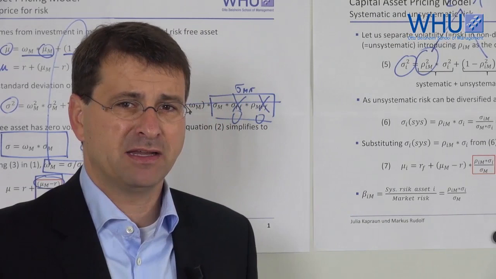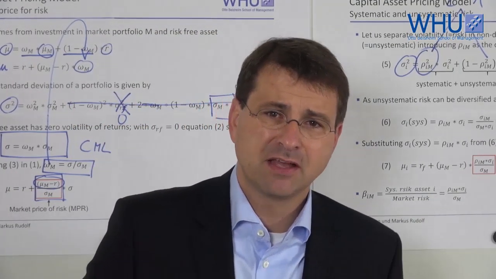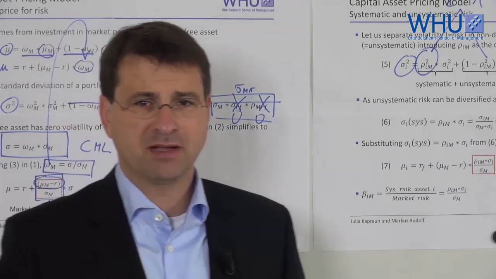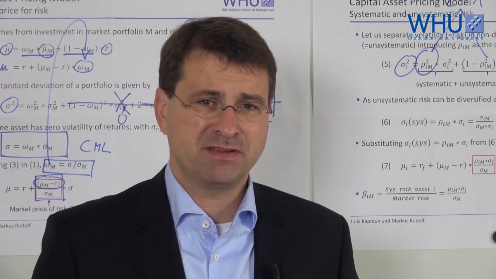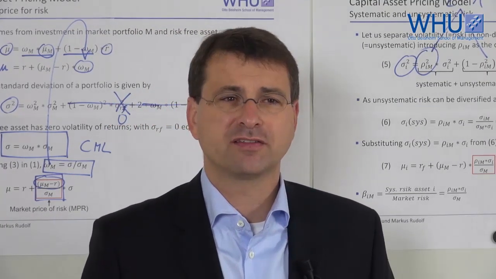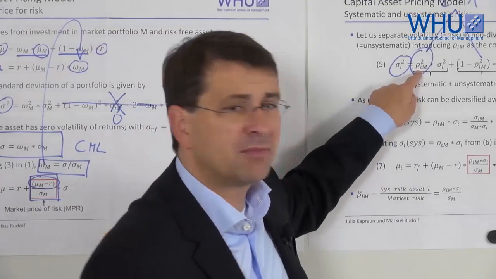A capital market index is an approximation of that portfolio M, as those who developed the capital asset pricing model understand a market portfolio. A market portfolio is the capitalization weighted index consisting of all assets which exist. So basically the portfolio M is the market portfolio.